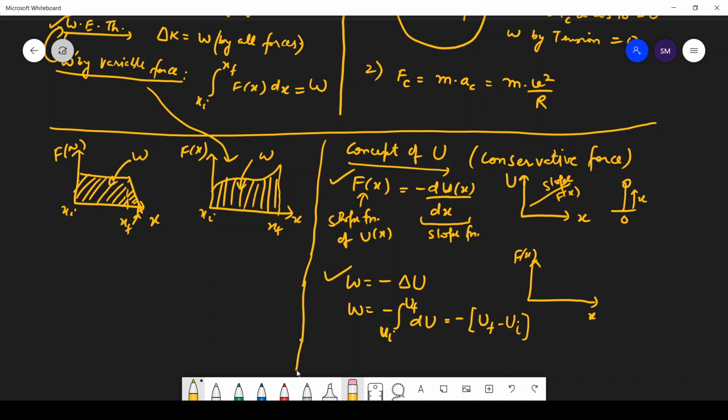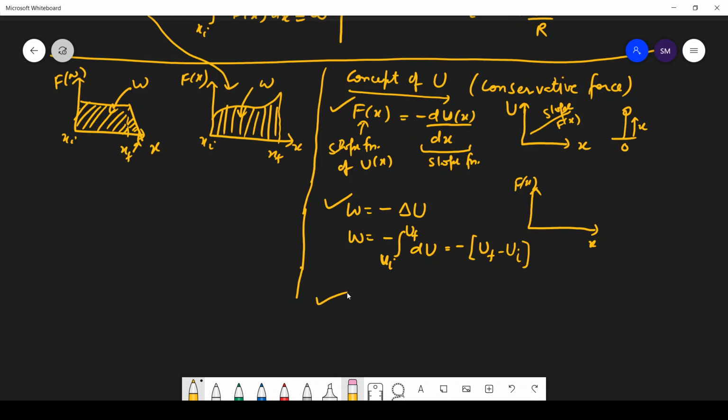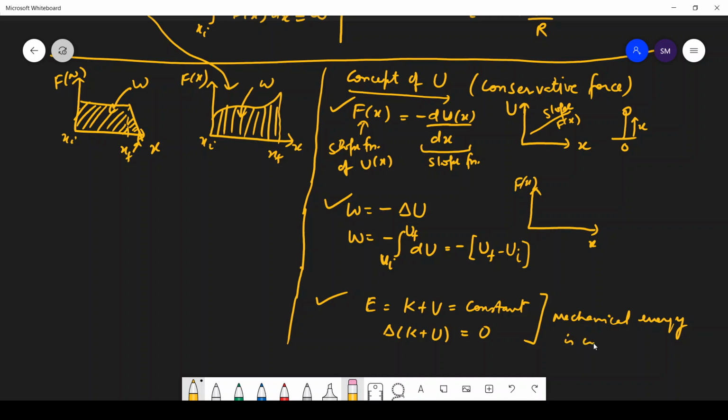Now we have studied one more concept of the conservative force, and the third concept was that total mechanical energy, that is K plus V, is equal to constant. Means there is no change, change is zero. So that was another concept, that mechanical energy is conserved.